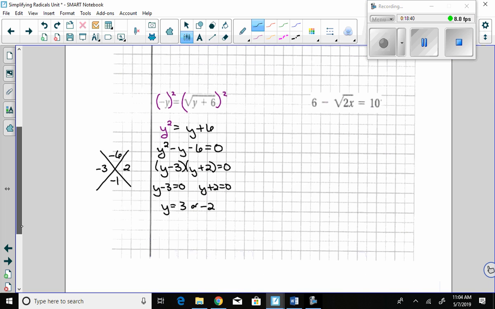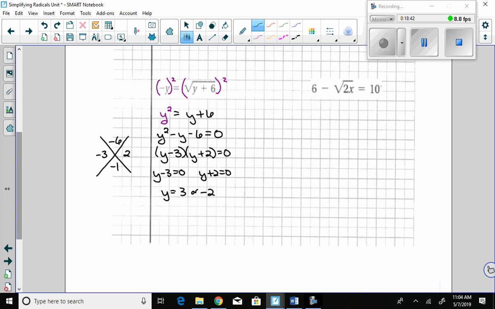Now, every example I've shown you, I have taken my answer and plugged it back in. So let's take the first one and plug it in. I'm going to have negative 3. Does that actually equal the square root of 3 plus 6? Right, so I have negative 3.